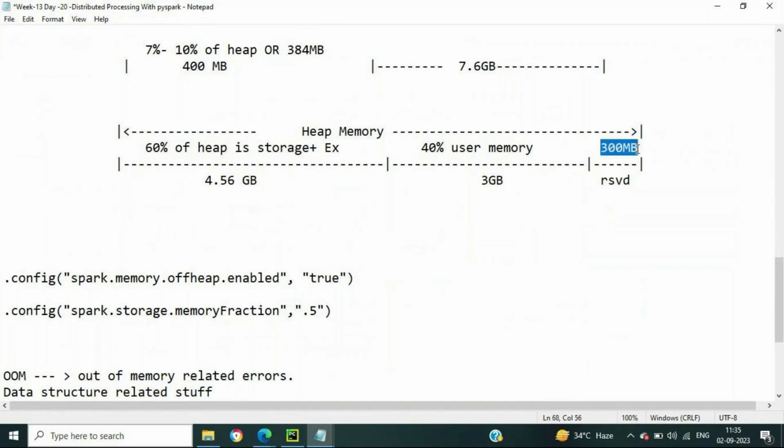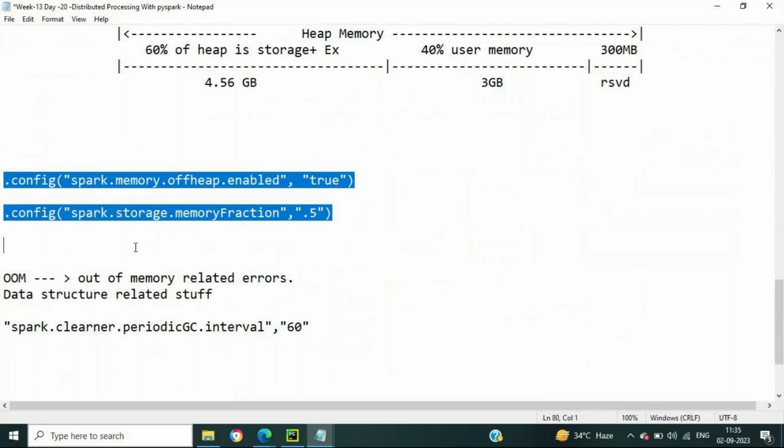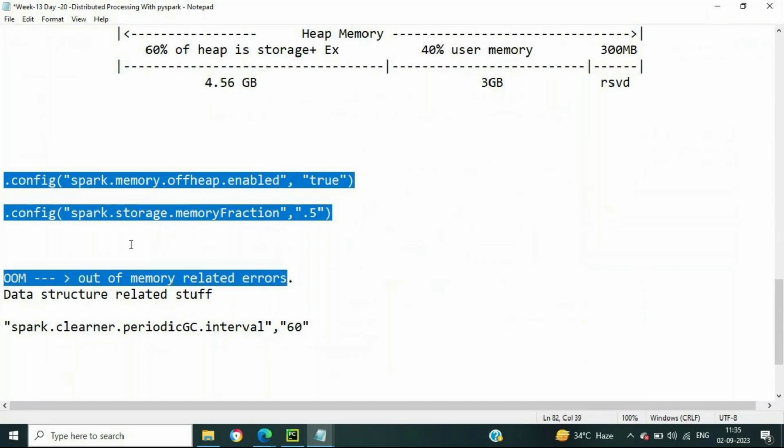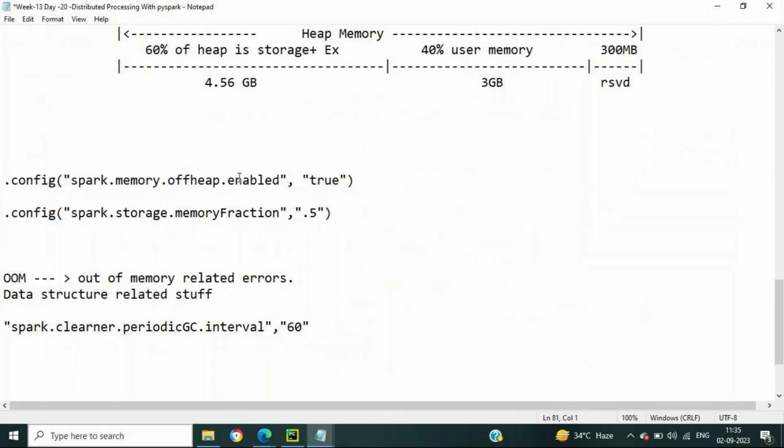And 300 MB is reserved for further analysis. Certain properties are driving these configurations, like off heap enabled true, and we can set the percentage for off heap as well.